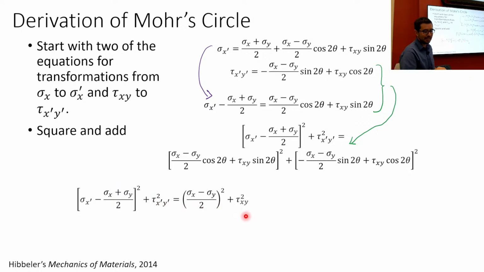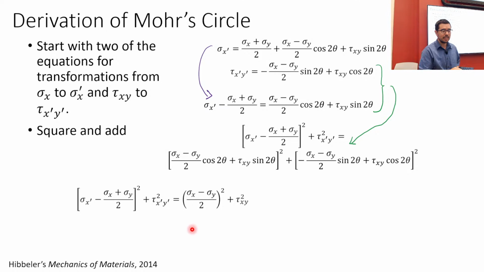You're like, that's not really that interesting. Does anybody remember the equation for a circle back in your pre-calculus days? Someone tell me, what's the equation for a circle? Yes, Paul. Yes, that's exactly it. That's the equation for a circle.